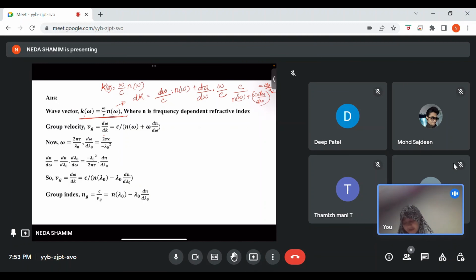So now my omega is also equivalent to 2 pi c by lambda 0. So my d omega by d lambda 0, in terms of lambda 0 I'm saying. Okay, omega is equal to 2 pi c by lambda 0. D omega by d lambda 0 is minus 2 pi c by lambda 0 squared.